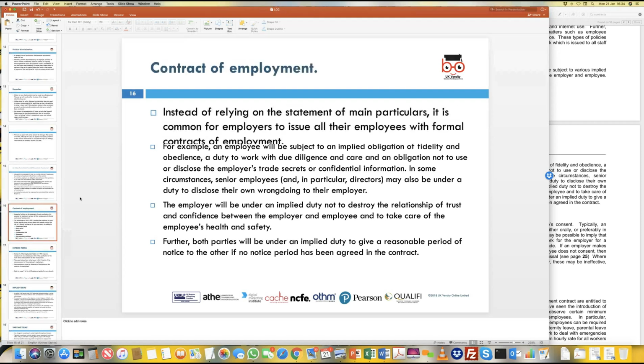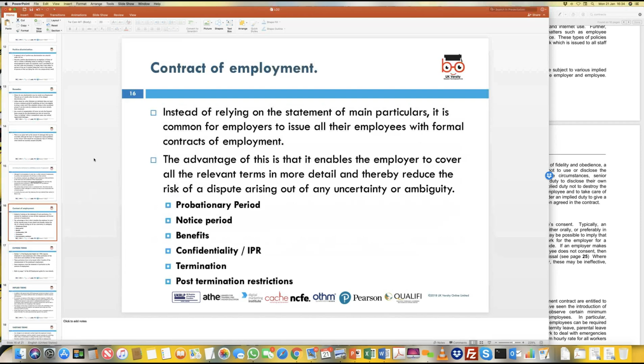Now, when we look at contracts, the basic minimum requirements that need to be included in a written contract in the UK context: most employers have to provide a contract to the employee within 2 months of starting work.